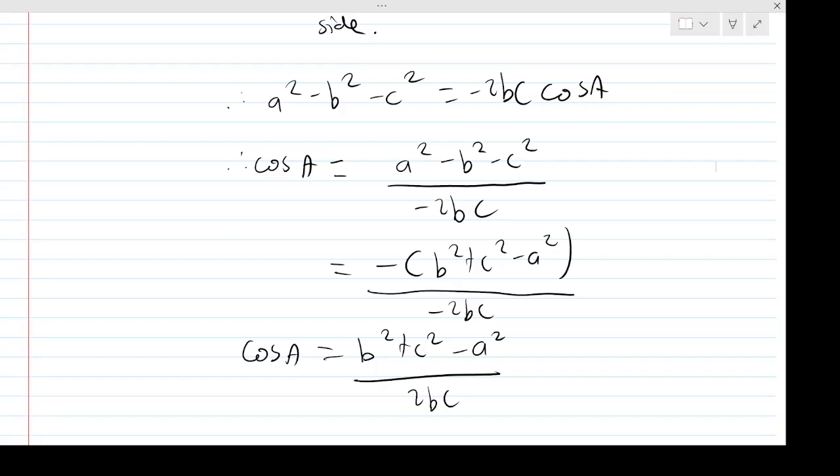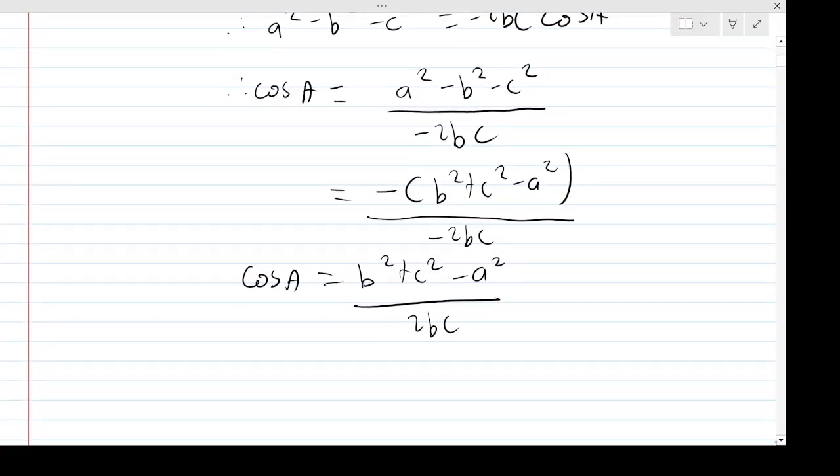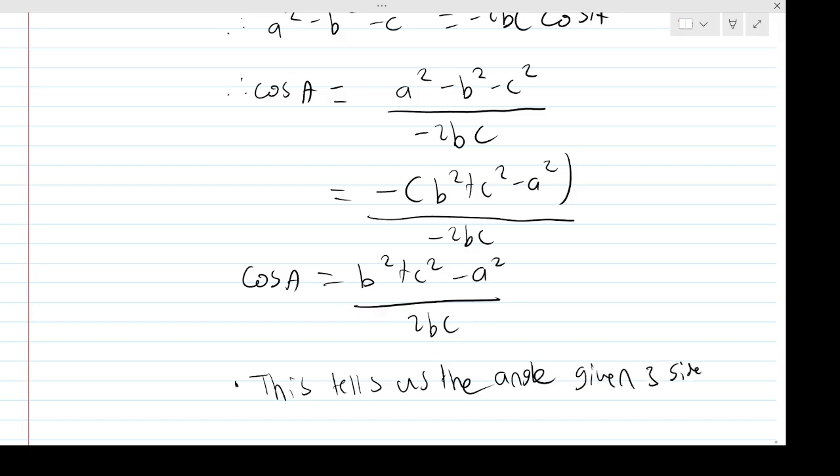So this formula gives us a way, if we know all three sides of a triangle, to find an angle. This tells us the angle given three sides.